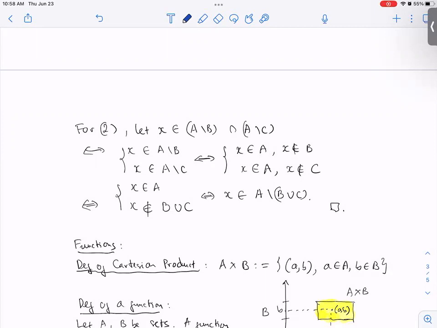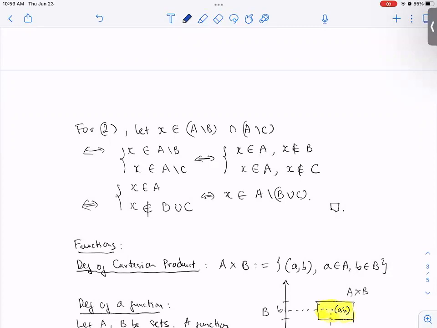So take a little bit of time to digest the proof, and you're going to see that the proof here really is just a list of interpretations of definitions that we see in these statements.